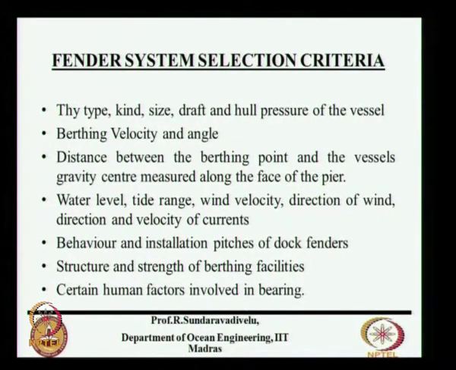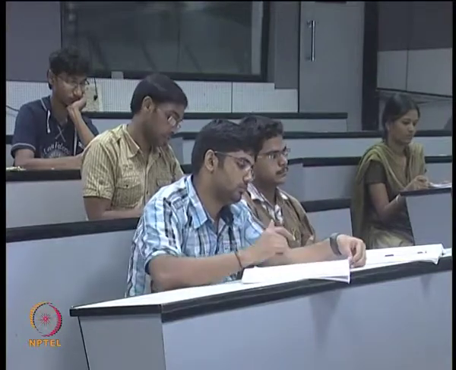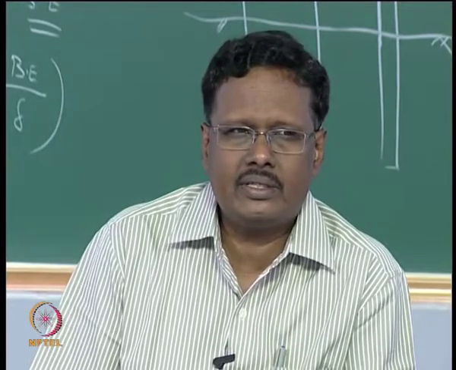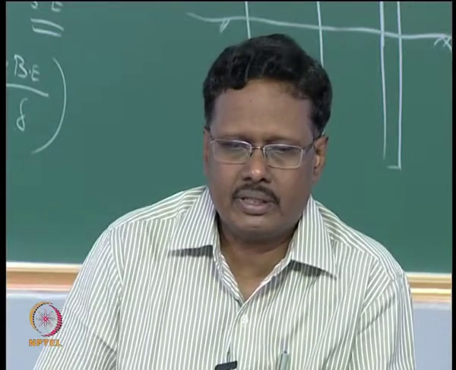What is the smallest value to highest value? Two values you have to tell, lowest value to highest value. Lowest is about 0.1 meter per second, highest will be 0.75 meter per second. The highest value is for smaller vessels, 0.1 meter per second to 0.75 meter per second.